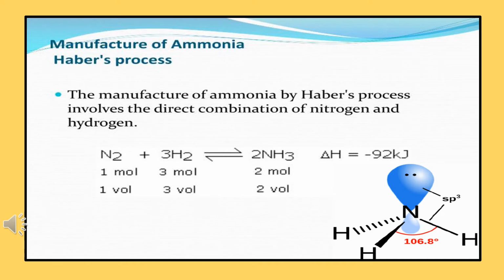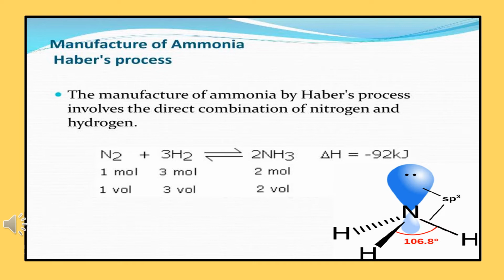If you observe the Haber's process of ammonia, the main chemical equation involved in this is N2 plus 3H2 in equilibrium gives 2NH3. Here delta H is minus 92 kilojoules per mole. That is, the manufacture of ammonia by Haber's process involves the direct combination of nitrogen and hydrogen gases.